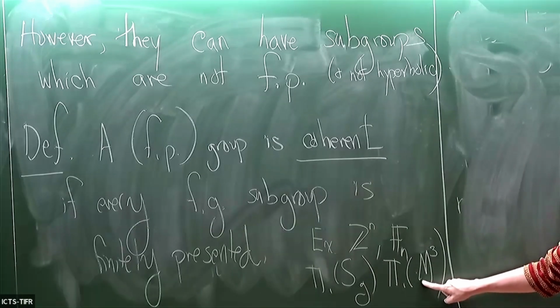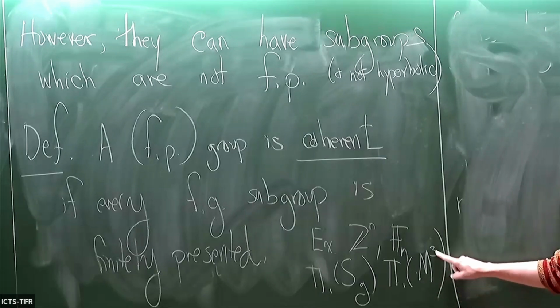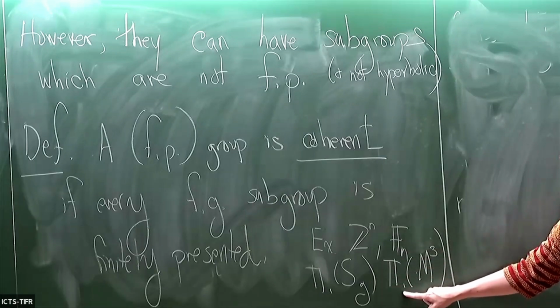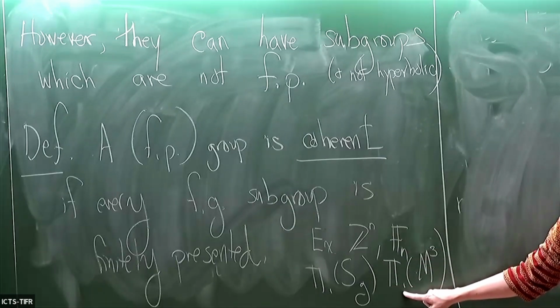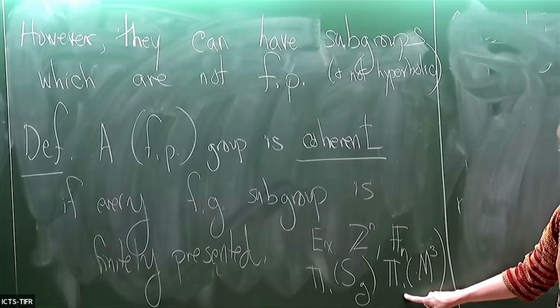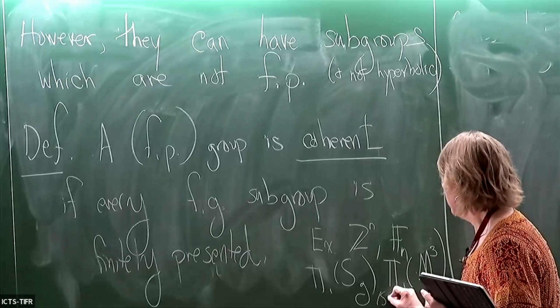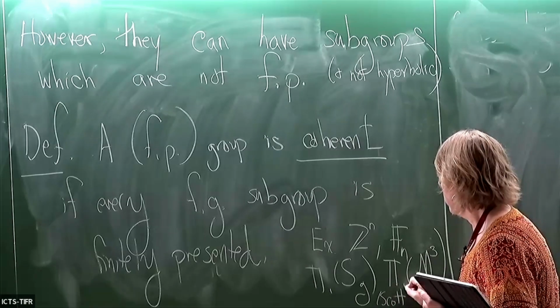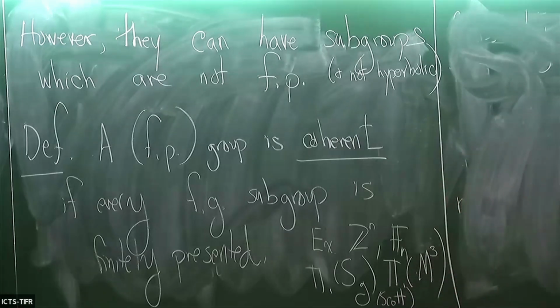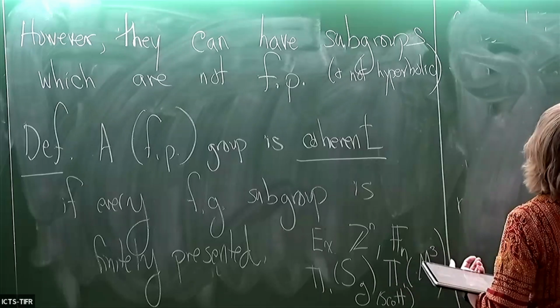This follows from Peter Scott. The finitely generated subgroups correspond to a cover of the three-manifold, and that cover has a compact core, which allows you to get a finite presentation for these groups. So I don't mean to imply this is obvious at all just by writing it on a list. And incoherent otherwise.